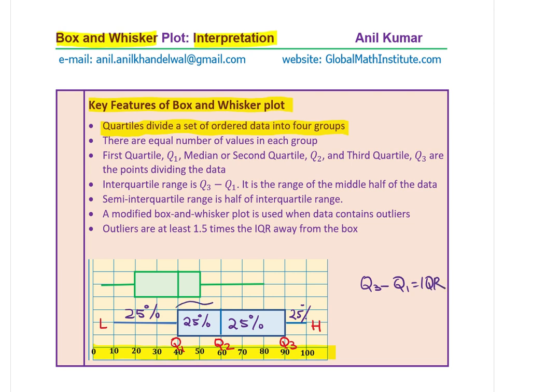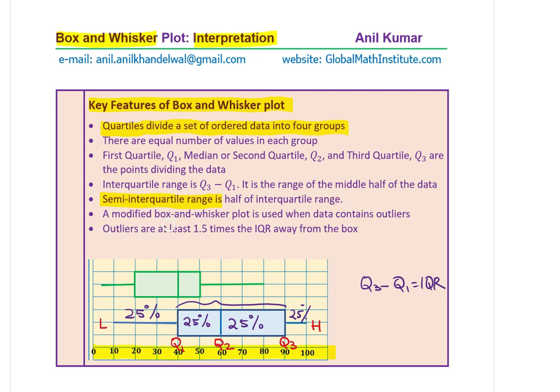That gives you the spread for most of the data in the center. Semi-interquartile range is another very important term, which is half of the interquartile range, and is also sometimes considered to see the spread.